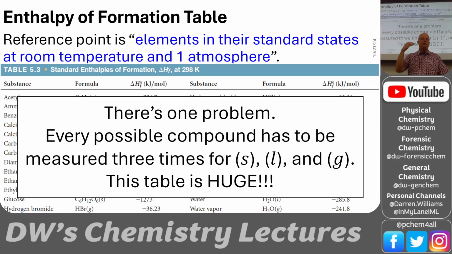So we would have a different entry for water, S, L, and G. So we have 3 entries for water, 3 entries for every other substance in nature. So this table is going to get big fast. Think of all the compounds. It's just unruly to try to make a table for every known compound. I mean, we have thousands upon thousands of compounds that have been determined, so it is a big table, but it's not universal.